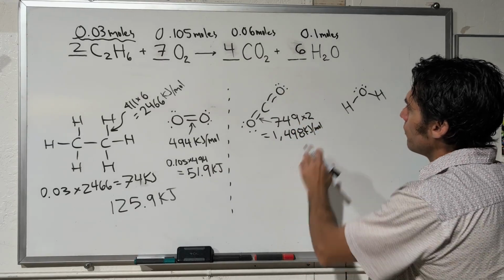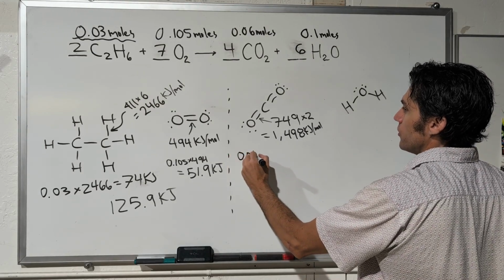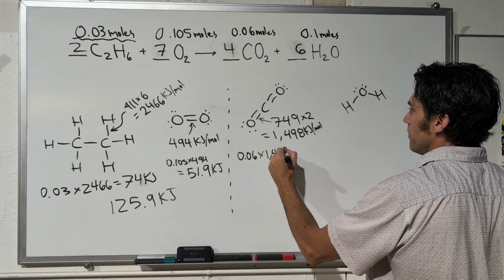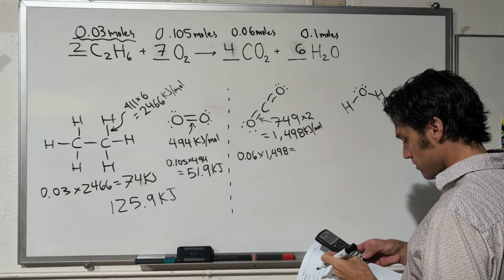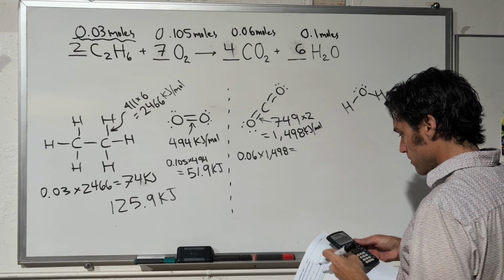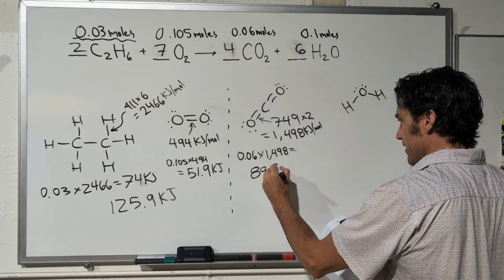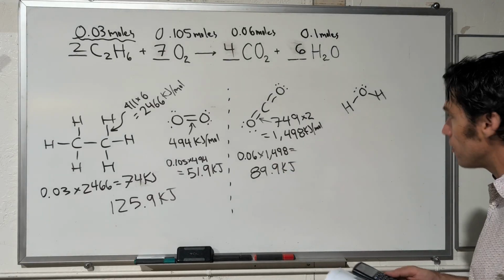But we don't have a mole. We got 0.06 moles. So 0.06 times 1,498 equals 89.9 kilojoules. It takes 89.9 kilojoules to break up that molecule.